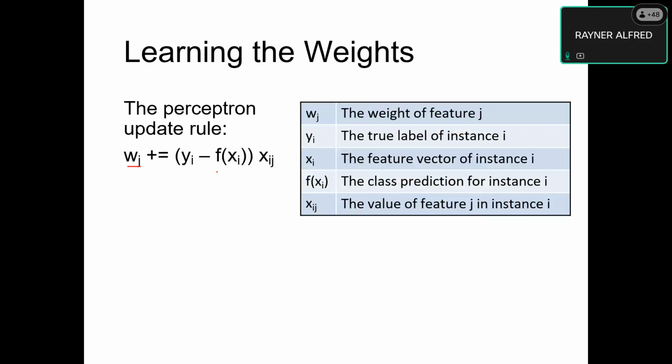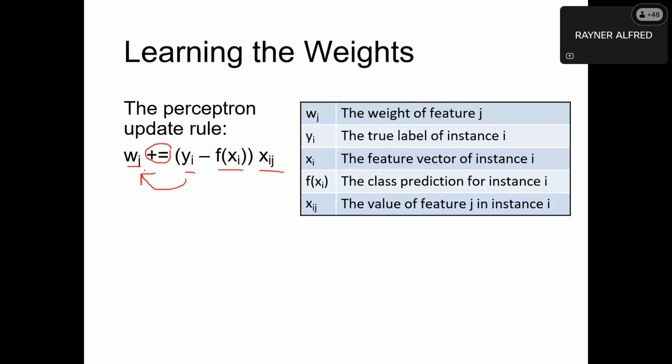This is the true label, the actual label. This is the predicted label. And this is the value of feature j. So you see this symbol is basically updating the weight of your feature j.